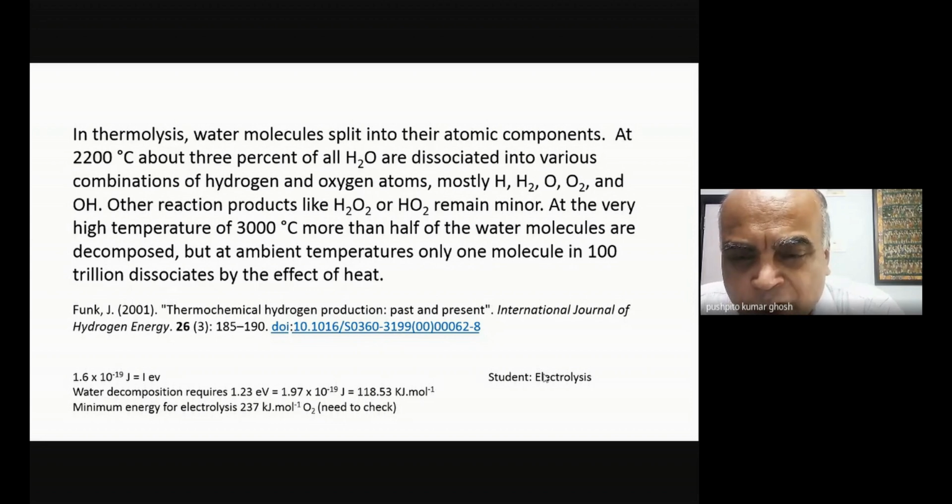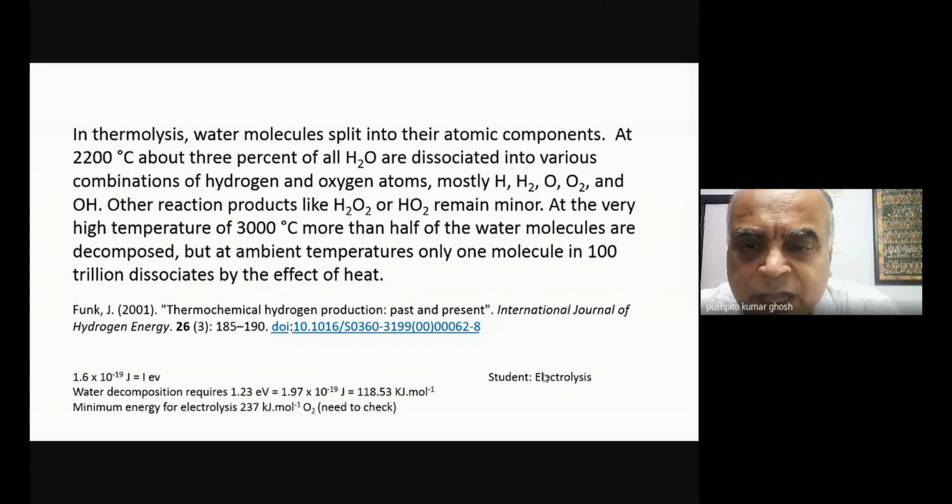So 2 water molecules means 2 into 2 minus, that is 4 minus. And from 4 minus, I have to go to the 0 state. That means I have to have a 4-electron transfer process. Whenever you have these kinds of multiple electron transfer processes, they're not easy. They're very difficult to do.